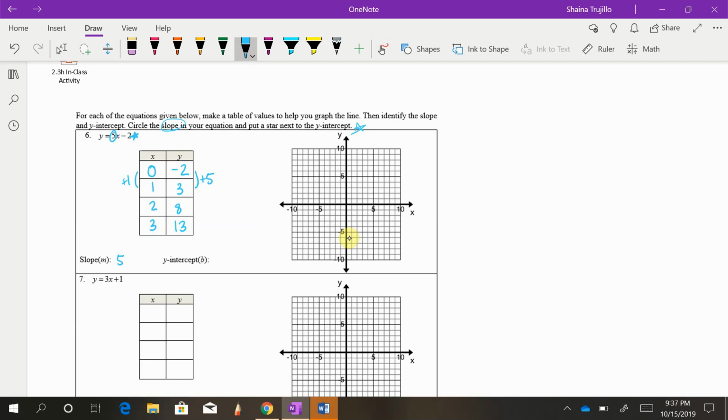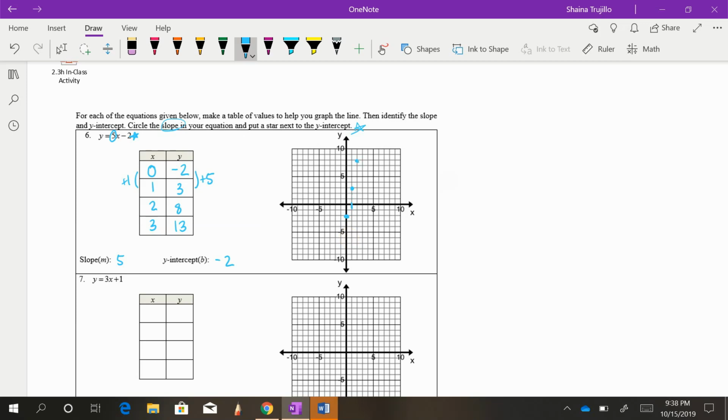I'm going to quickly write my slope and my y-intercept. So my y-intercept is at -2. I'm going to put a little dot there. When x is 1, y is going to be 3. So I'm going to go over to the little 1, go up 1, 2, 3. I'm going to put a little dot there. When x is 2, y is going to be 8.